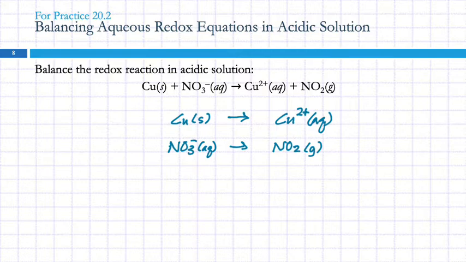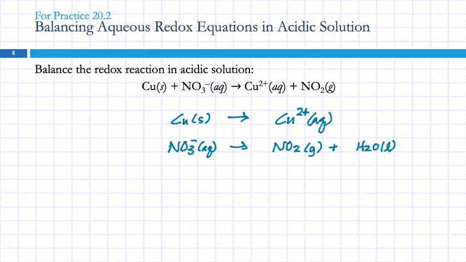Next, we balance for mass. 1 copper, already balanced. Here, we're going to balance everything but oxygen and hydrogen first. So here we have 1 nitrogen and 1 nitrogen. Then we balance oxygens. There's 3 oxygens here and only 2 over there, and without throwing water in here, there's no way you can balance this. So if I add H2O over here, now I can have my 3 oxygens, and there's 3 oxygens.